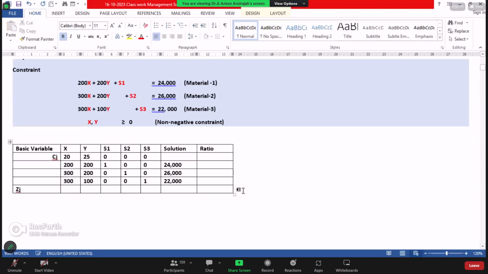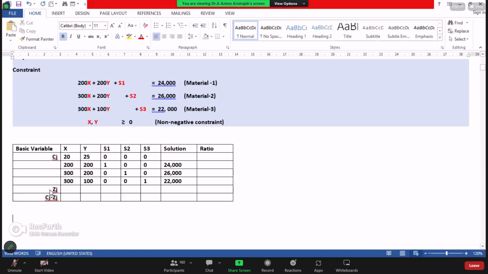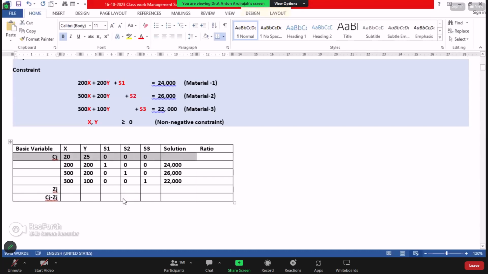The other row is Cj minus Zj. Cj is here. Then Zj, I'm introducing Cj minus Zj here.